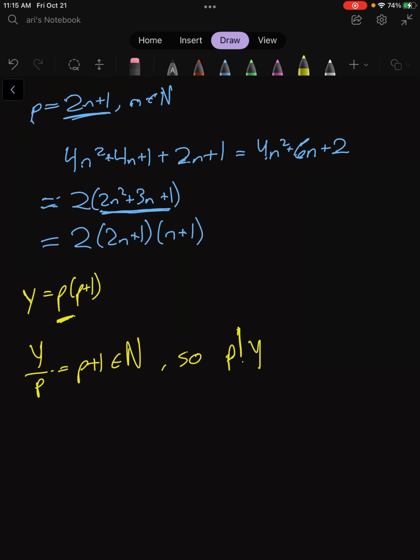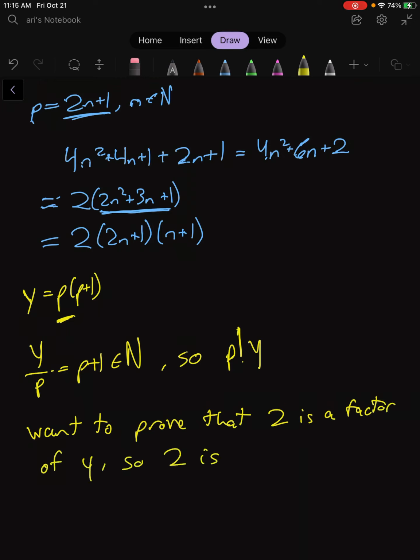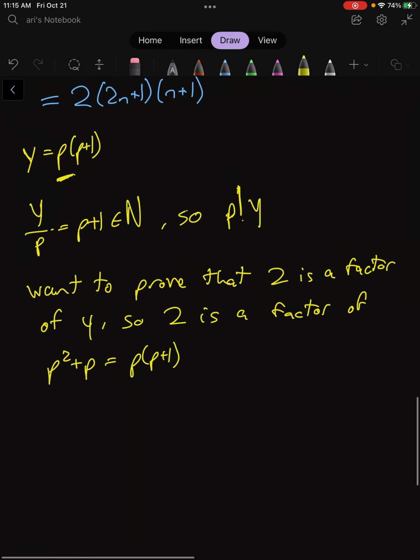So we want to prove that 2 is a factor of y, that is, of p squared plus p, which equals p times p plus 1. The clever observation the student made is that p and p plus 1 are a number and the number after it.